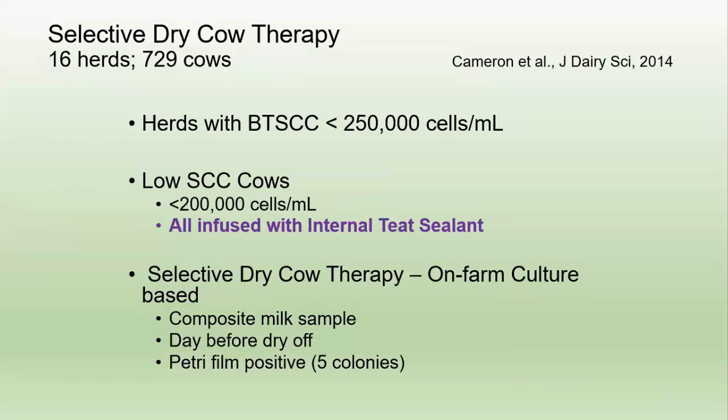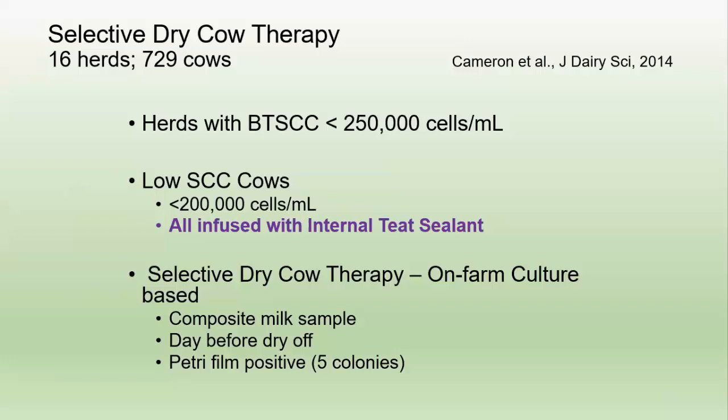Finally, the last study I want to talk about is a Canadian study in which, once again, they only selected herds that had a bulk tank SCC below 250,000. In other words, picking herds that were better managers in mastitis control are probably a more suitable type of herd to consider selective dry cow therapy.